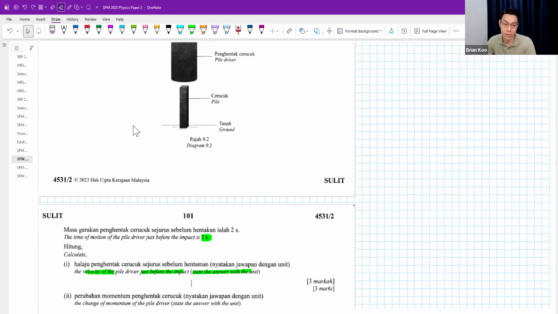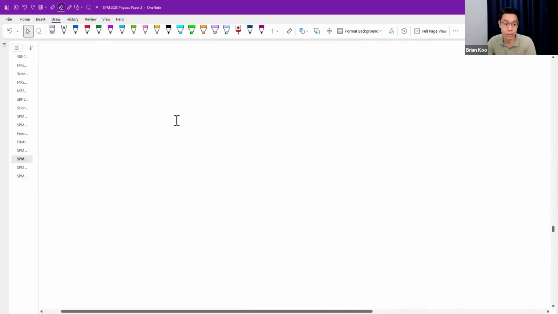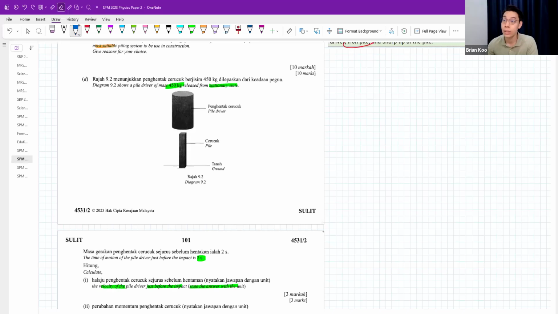Okay. This one you all can go and use your, I like to call this SUVAT. Because we know it is stationary at first, so the U value is 0. Okay, and then question asks, what is the V value just before it hit the power? And then they say the time is 2 seconds. And if a power driver so heavy fall down, the acceleration is 9.81.